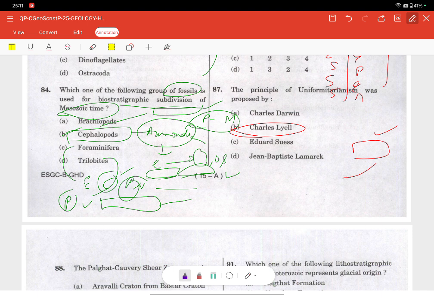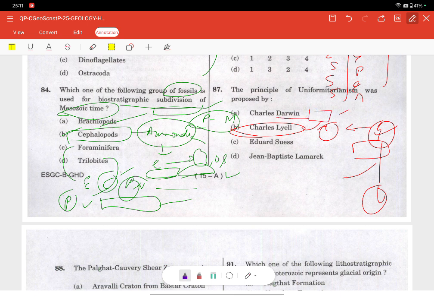He was the one who popularized and formalized it in the book Principles of Geology, and he replaced catastrophism with gradualism, and in gradualism there is a subdivision of uniformitarianism. So it provided the geological timescale and process continuity that underpins modern stratigraphy and geomorphology. Darwin is the biological evolution by natural selection.